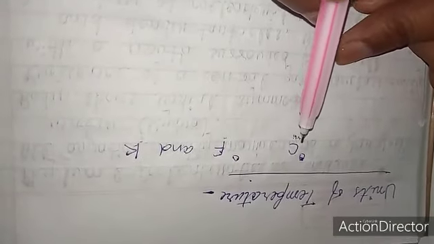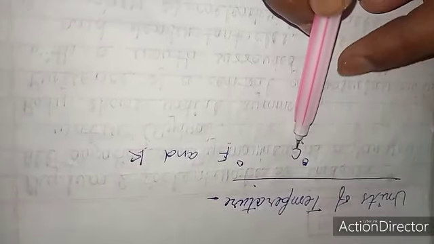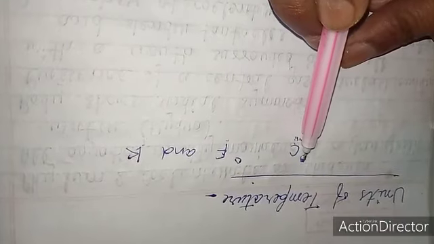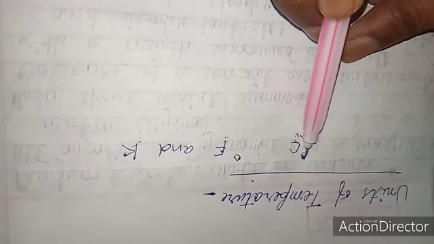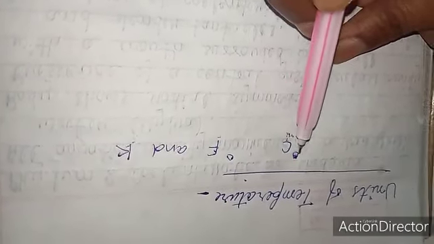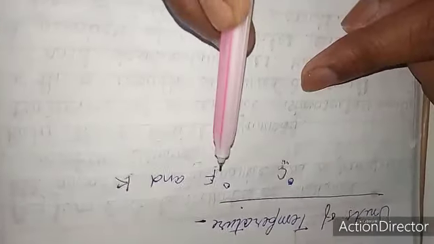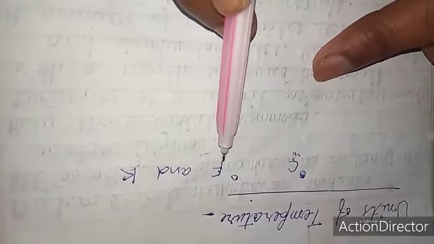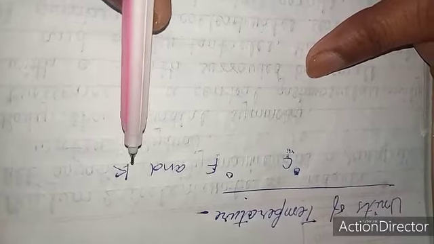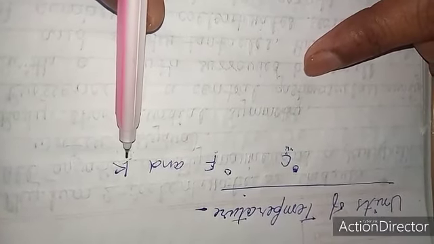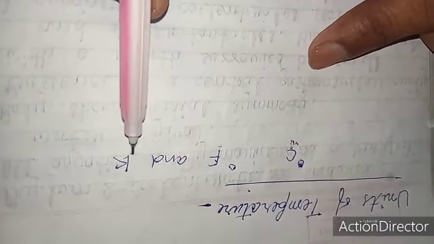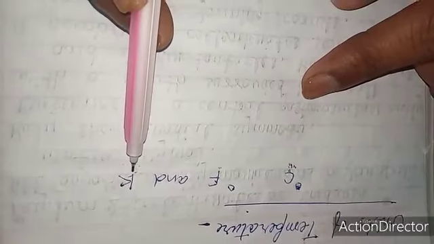Degree Celsius. The Celsius unit is written as degree Celsius. Fahrenheit is written as degree Fahrenheit. But Kelvin is not written as degree Kelvin. It is only written Kelvin.